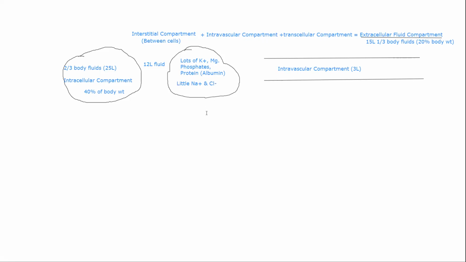Okay. So we have lots inside of our cell. We have lots of potassium, magnesium, phosphates, and protein, and very little sodium and chloride.